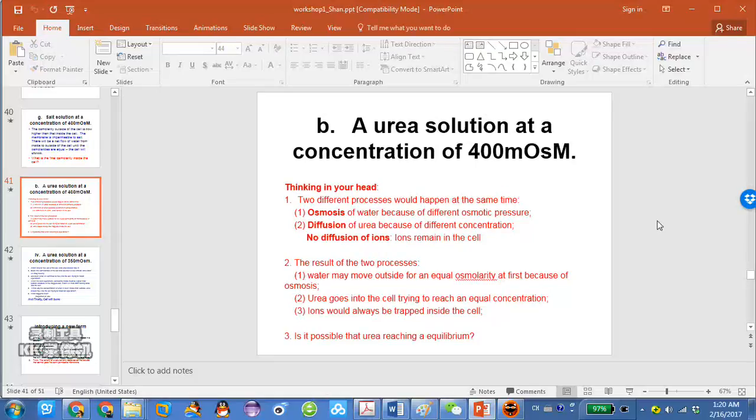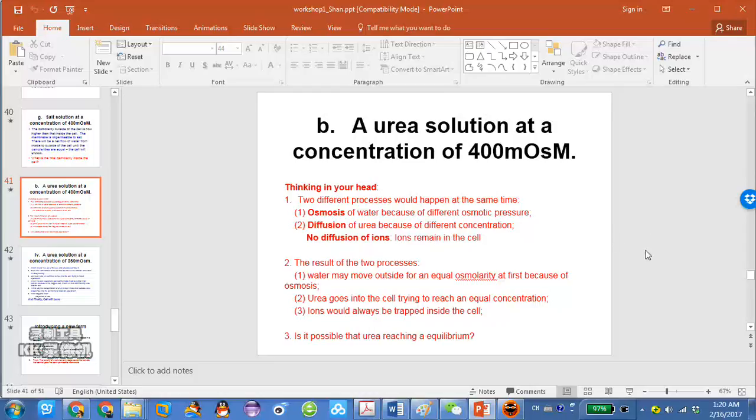Since the cell membrane is permeable to both water and urea, there will be both osmosis and diffusion happening. So we want to think about both processes.